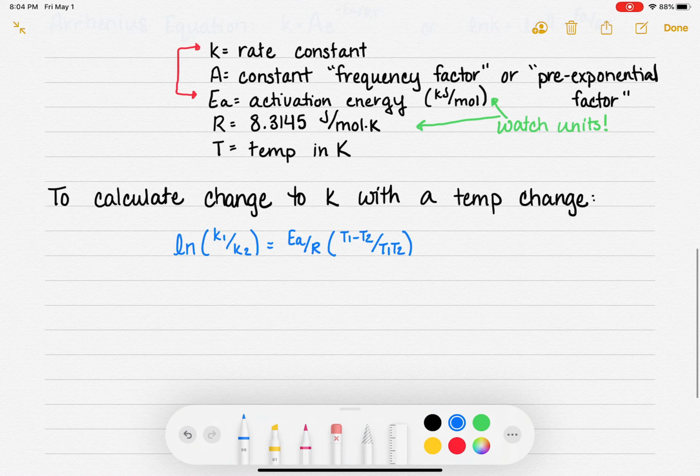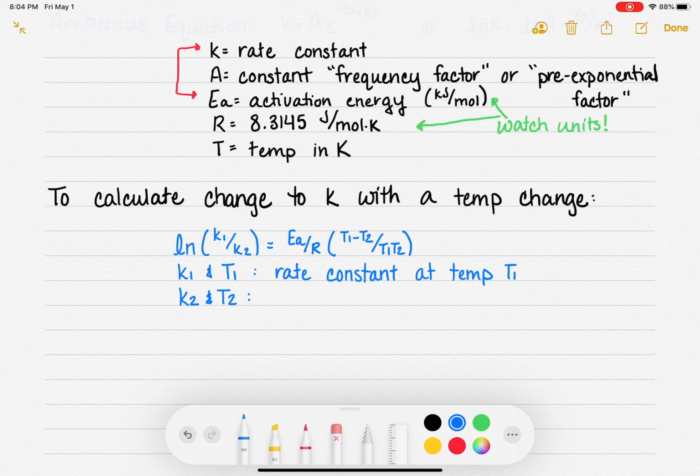And so for this, all that we have to do is worry about making sure that we're combining the correct K with the correct T. So K1 and T1 would be a rate constant and a temperature. This would be the rate constant at temperature T1. They're connected to each other. And then K2 and T2 would be the rate constant at T2.